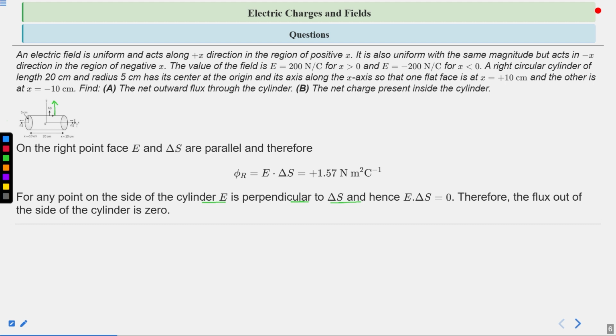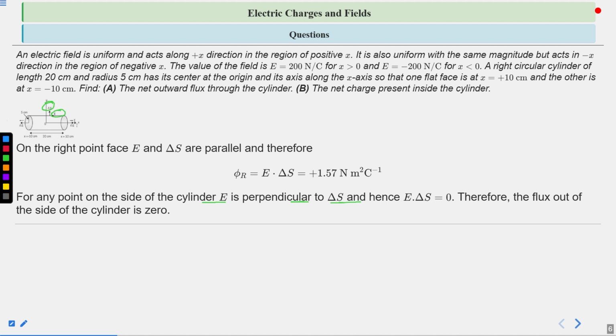It means delta S and the electric field both are perpendicular, because from the origin the direction of the electric field is along the positive x-axis. So delta S and E are both perpendicular, so that angle is 90 degrees.